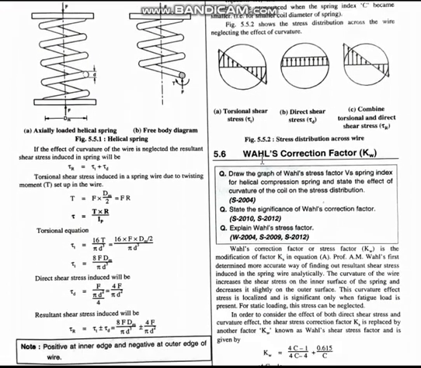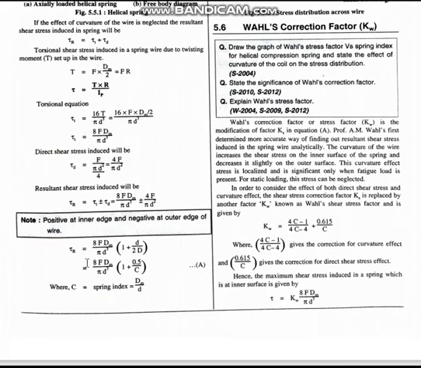From where are we getting this? From this equation A. This factor is because of the torsional shear, and this factor is because of the direct shear. Only in the direct shear term is the value of C there. In this there is no value of C. So if this becomes more, ultimately shear stress is going to become more.